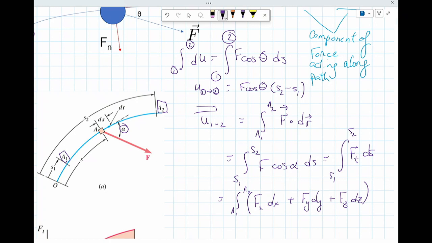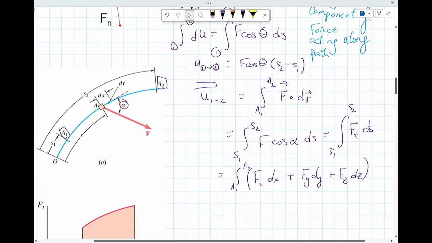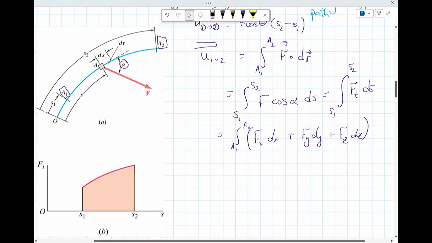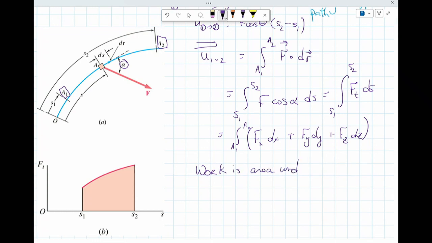So in order for work to happen, you have to break it up into its component parts. So the work is just the area under the curve. You're just integrating. So straight definition of integrals.